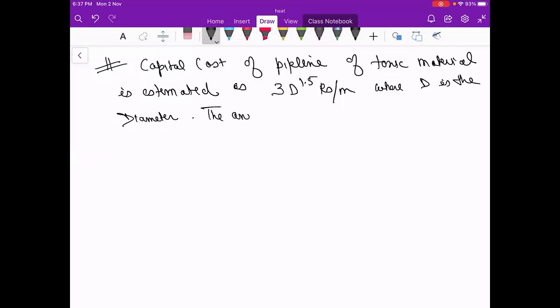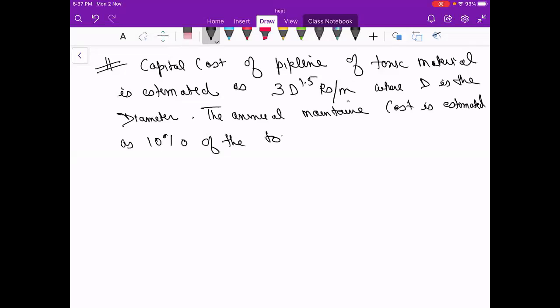The annual maintenance cost is estimated as 10% of the total capital cost.